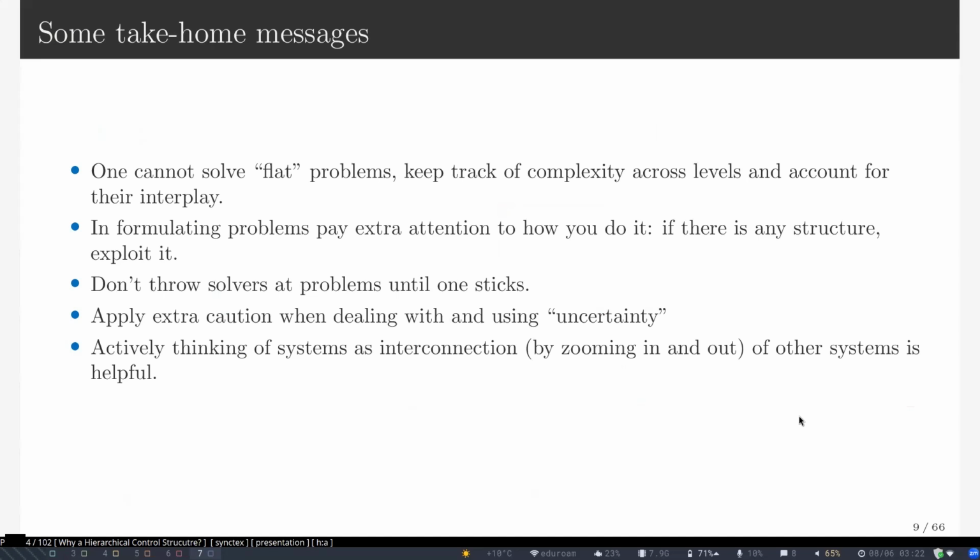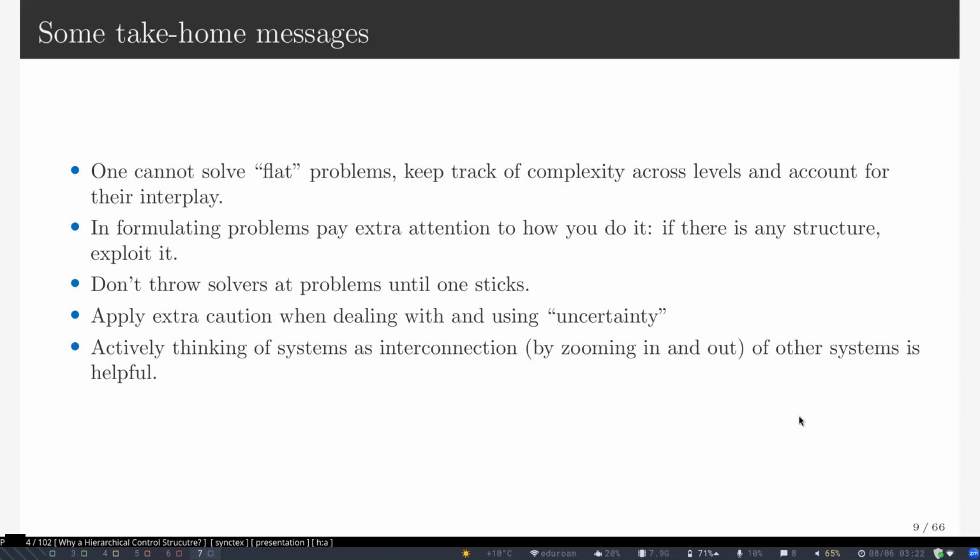So one thing is, one cannot solve flat problems. When we squish everything into the same level, it becomes intractable. And again, Andrea's example was exactly that. The reason their approach worked was they found a clever way of separating the things that make things unnecessarily complicated from the important bits of the solution. So whenever you can divide and conquer, do it.